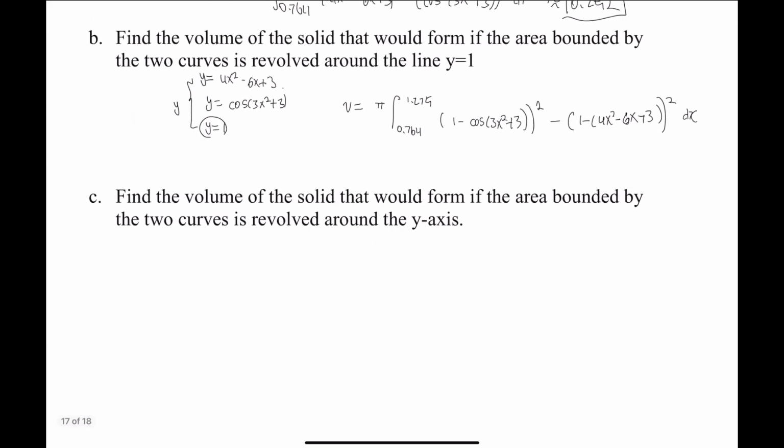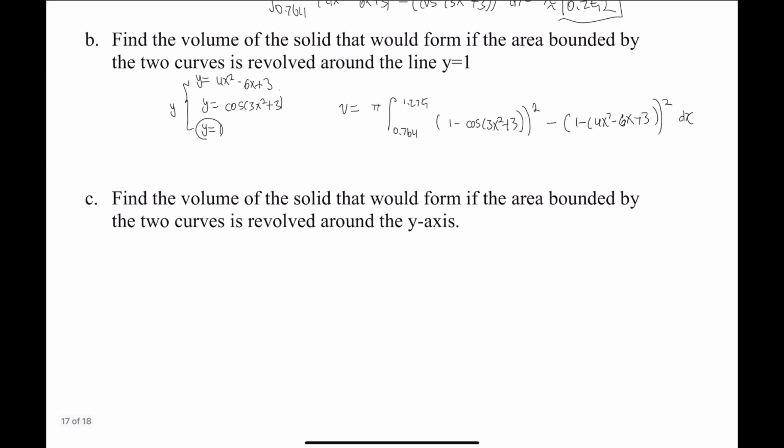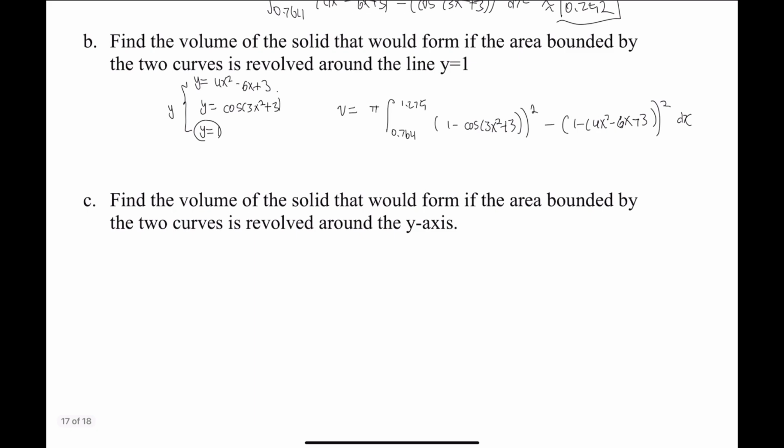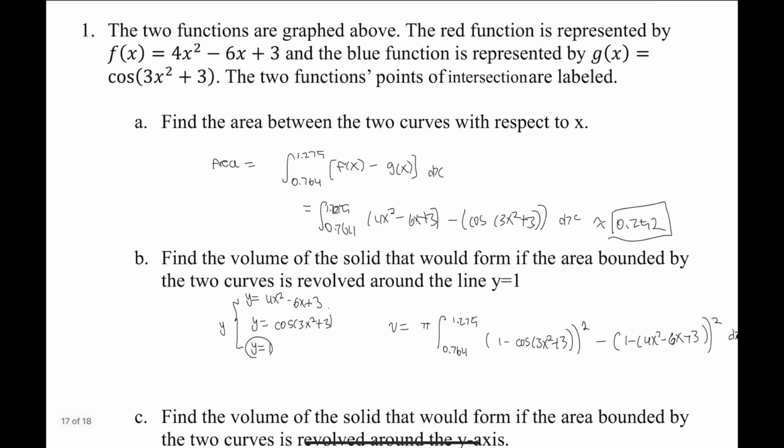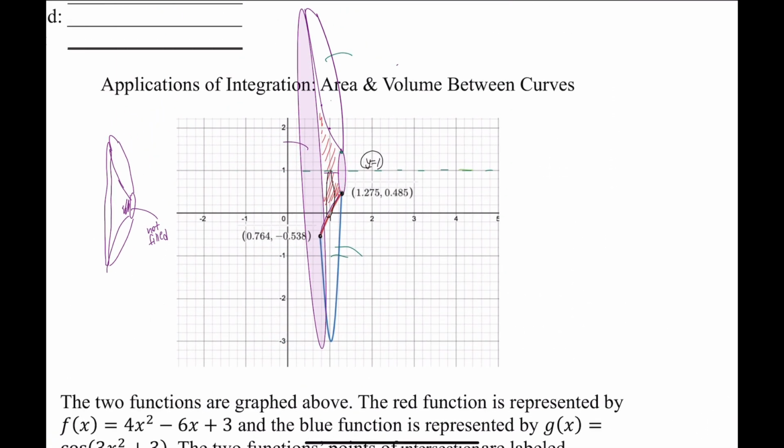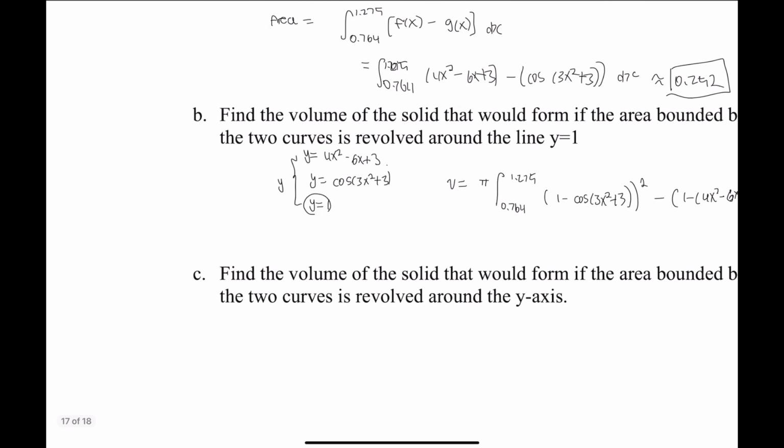Okay, and then it says find the volume of the solid that would form if the area bounded by two curves is revolved around the y-axis. So the y-axis is right here, right? The y-axis is when x equals 0, so essentially we're revolving around the line x equals 0.